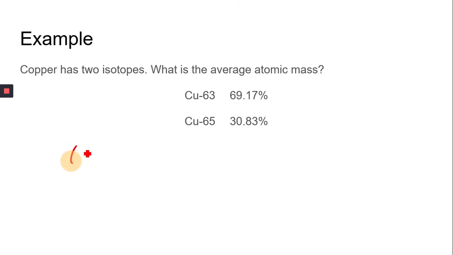So we take the mass, 63, we multiply it by the percent, and then we're going to add that to the other isotope, the mass, 65, times the percent.